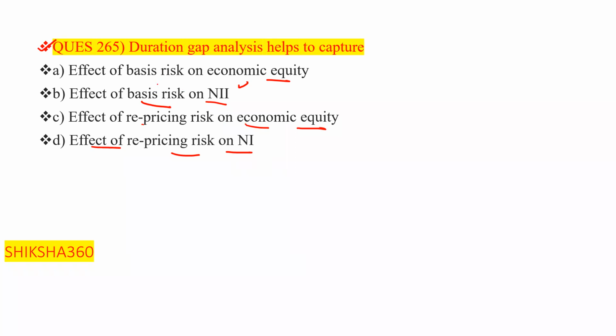Duration gap we have to calculate. I think many of you may remember this topic; we discussed it in chapter number 29, that is repricing risk, as a separate part. Under that we discussed duration gap analysis.